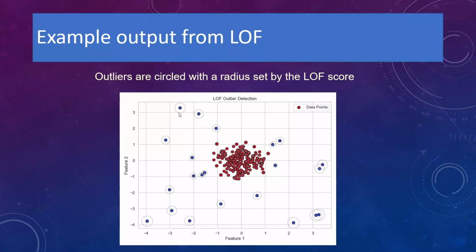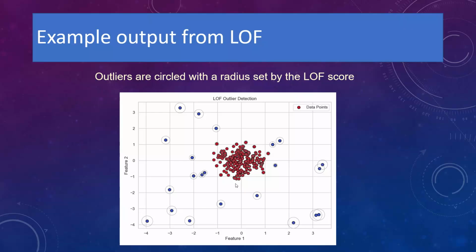So there was a large score here, a medium-sized score here, and a very small score here. But you can see all of these outliers, especially the ones in the immediate vicinity of the cluster, have been identified. And in that sense, it's a local outlier finder. I like to call it the local outlier finder instead of local outlier factor.